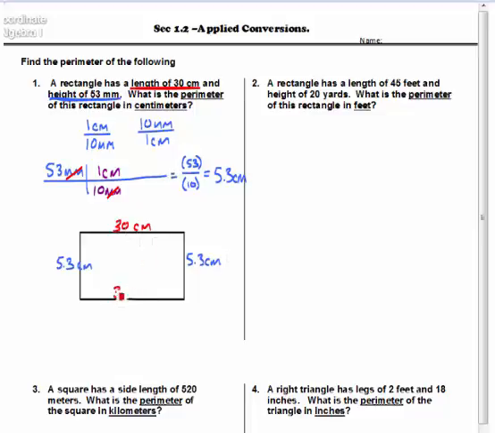It's not drawn to scale very well, but the perimeter is just the distance of each of the sides added together, so the perimeter would be equal to 5.3 plus 30 plus 5.3 plus 30, which you can use in your calculator to get that. If you add those together, basically that's 10.6 plus 60, so that would be 70.6. But again, you can use your calculator if you would like.